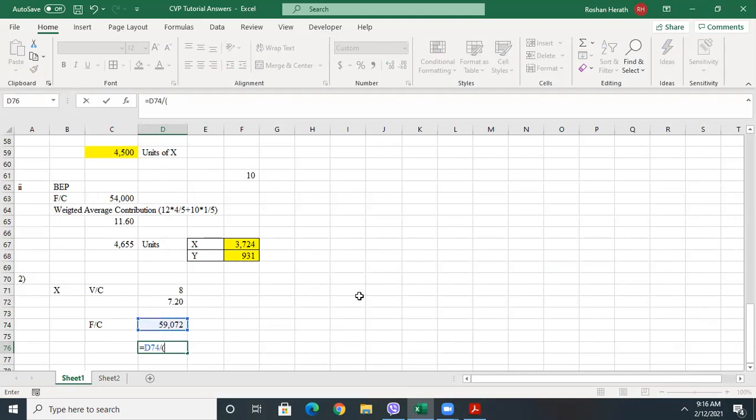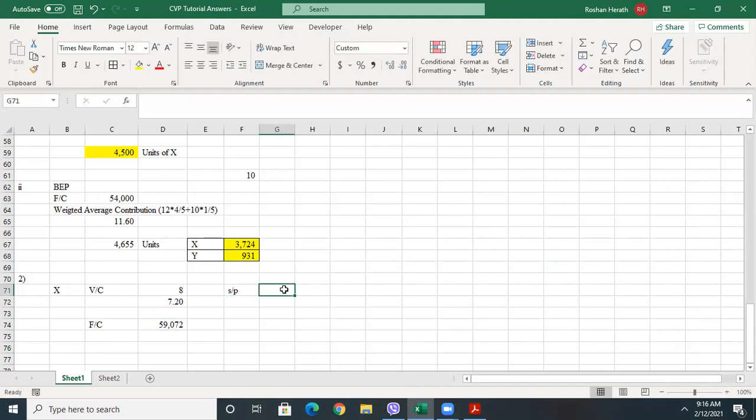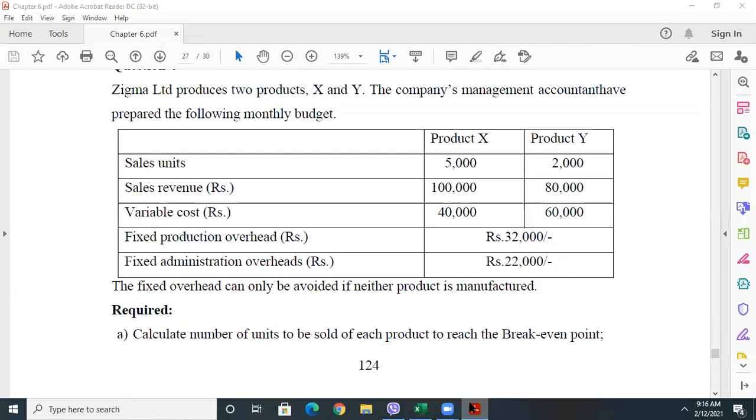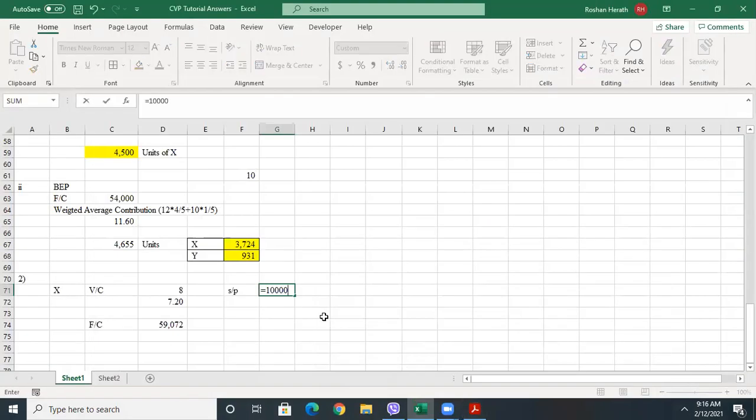So let us look at the sales price as well. Sales price is 100,000 divided by 5,000, which is 20. So the break-even is going to be 59,072 divided by the sales price 20 minus variable cost 7 rupees and 20 cents.